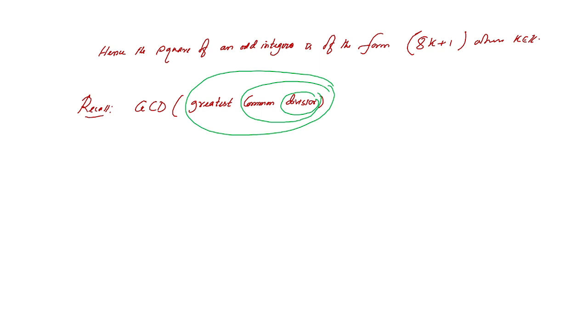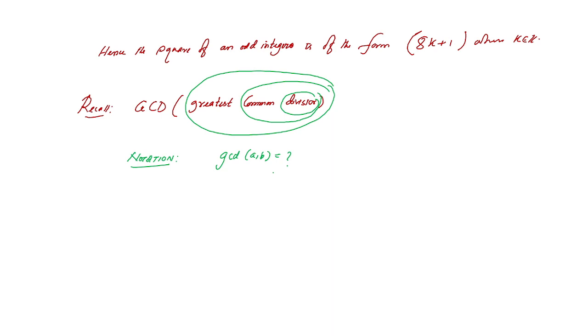Sometimes the notation is GCD of a, b, the greatest common divisor of a and b. So we need to find out what the GCD will be, but there is a restriction.